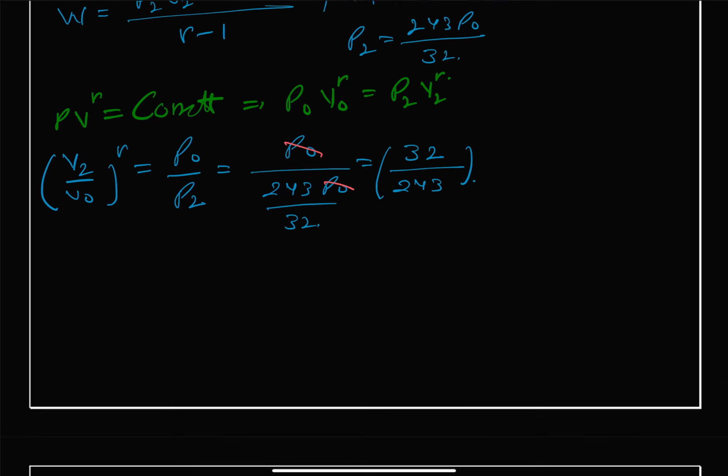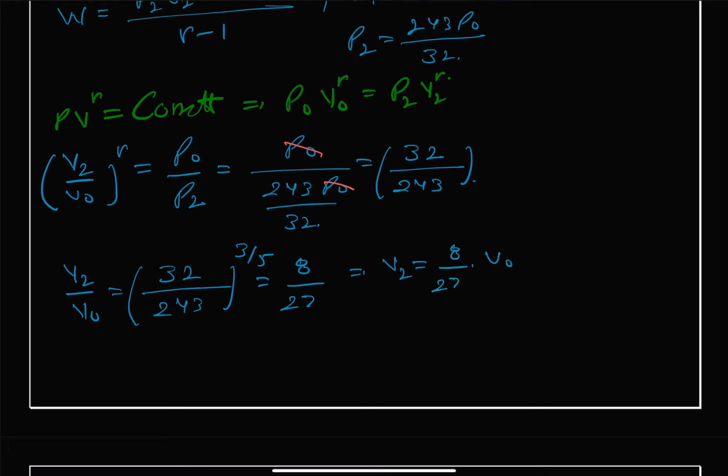Therefore we can write that V2 upon V naught is equal to 32 upon 243 raised to 1 upon gamma, that will be 3/5. Okay. And this will be equal to 8 upon 27. So we get V2 is equal to 8 upon 27 times V naught.